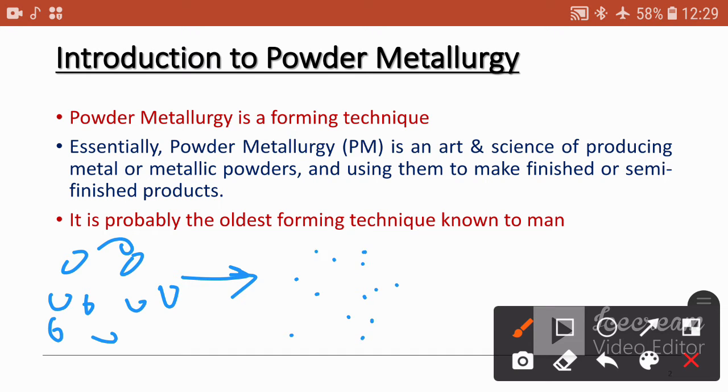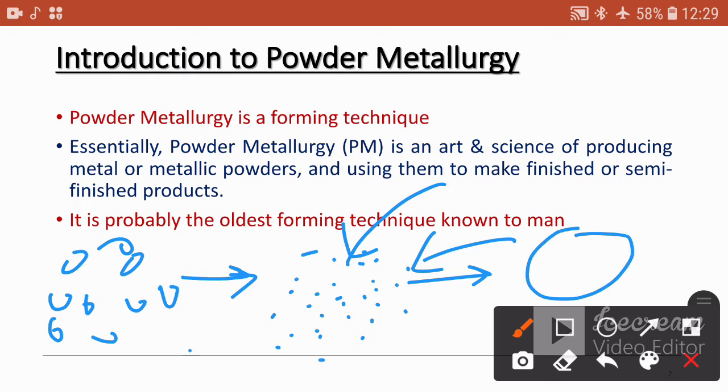So we will have powdered grain, that is flour, and then we will add some additives and binder to this flour, and we will make rotis by compressing and by heating on the pan. So this is also a powder metallurgy type of application.